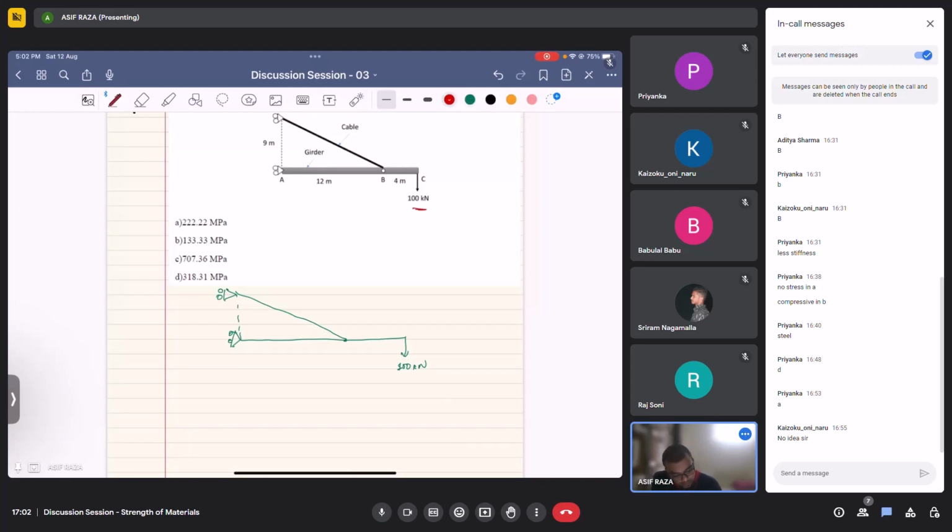Let's say tension T is present here, and the load here is 100 kilonewton, and we are given 9 meter here, 12 meter here, 4 meter here.